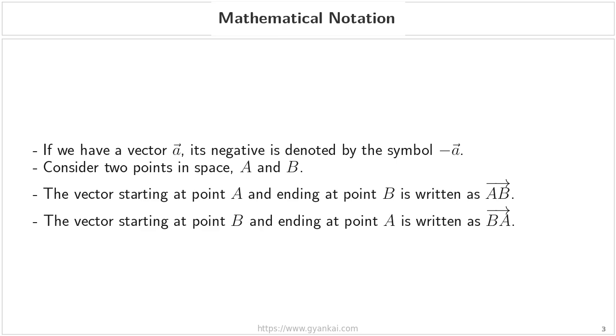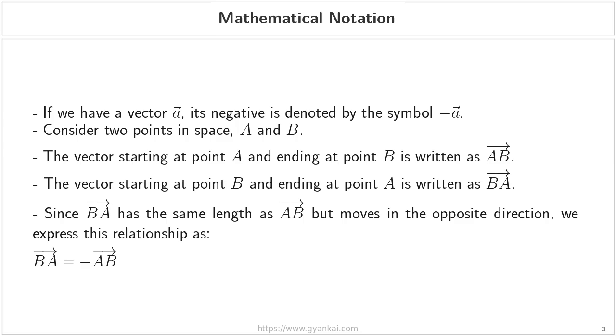Now, if we reverse that movement, starting at point B and ending back at point A, we write this as vector BA. As we discussed in the previous slides, the length or magnitude of these two paths is identical. However, because the direction has been flipped exactly 180 degrees, we can express this relationship mathematically with the equation: vector BA equals negative vector AB.